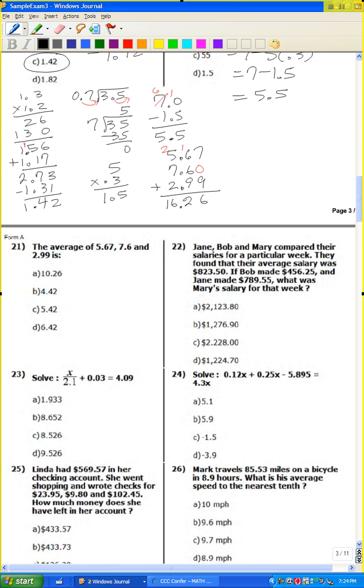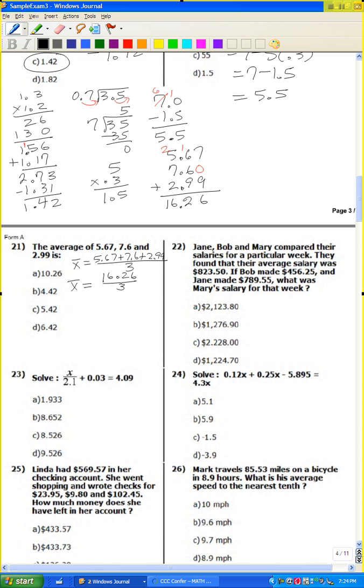Oops. And so the average is, well, you add all these numbers together, all divided by their 3 numbers, which is just equal to 16.26 divided by 3.